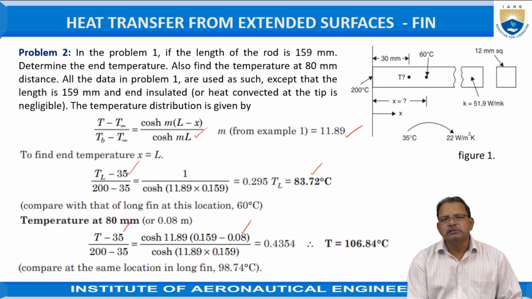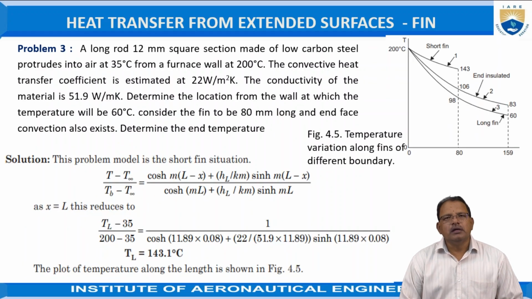We have just substituted the values of m and x in this relationship. Doing the calculation, we get this value equal to 0.24354, or T equal to 106.84 degrees centigrade.